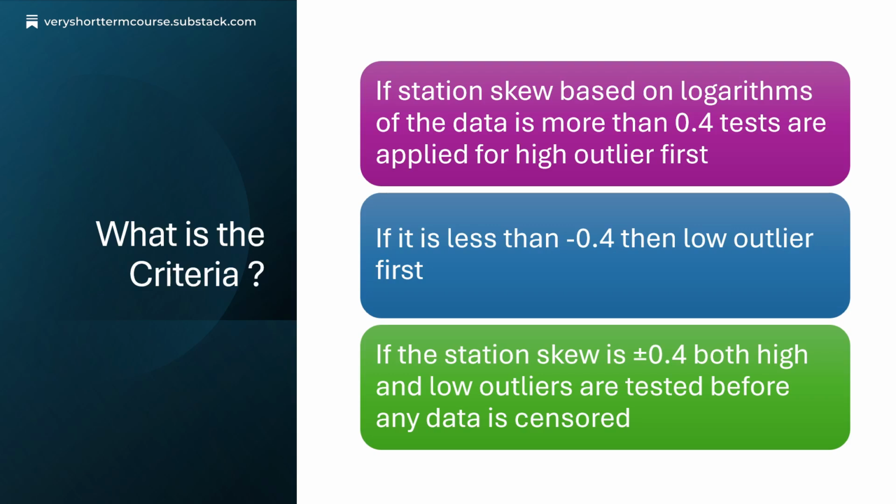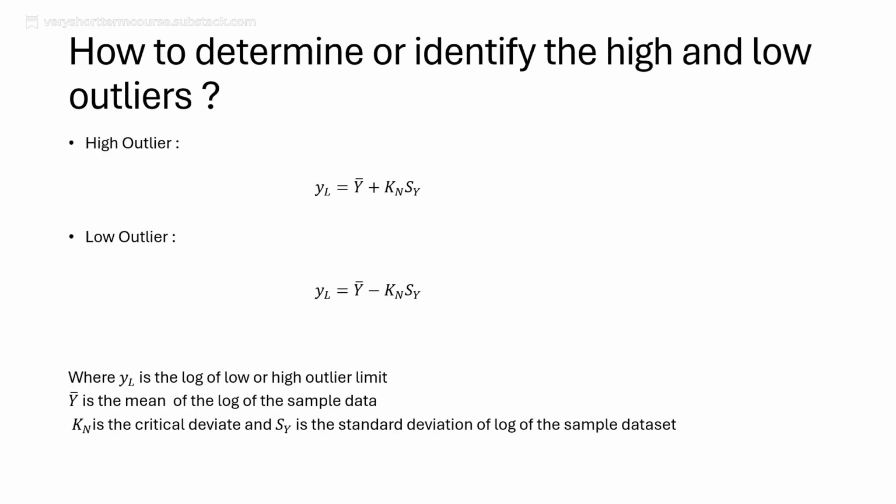So what I say is, if the skew is more than 0.4, check high outlier first, then low outlier. If the skewness is less than minus 0.4, then check the low outlier first, then the high outlier. And if the skewness is plus minus 0.4, both high and low outliers can be tested. Now, how to determine or identify the high and low outliers?